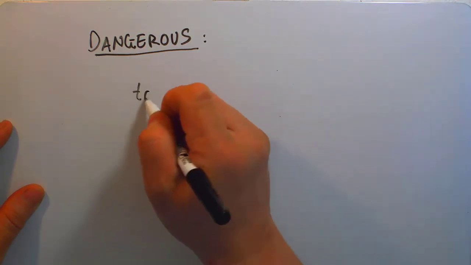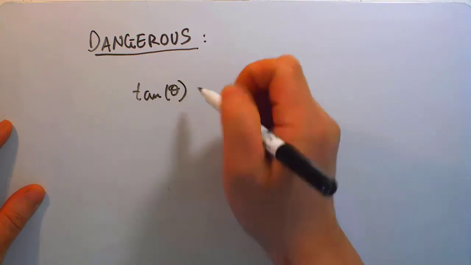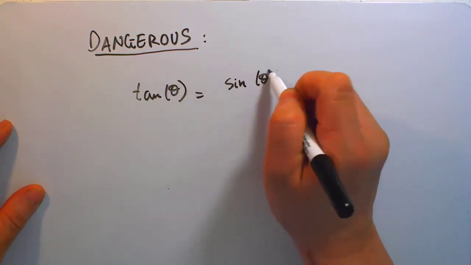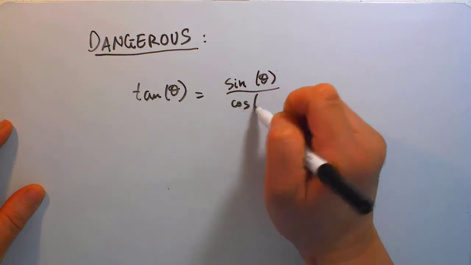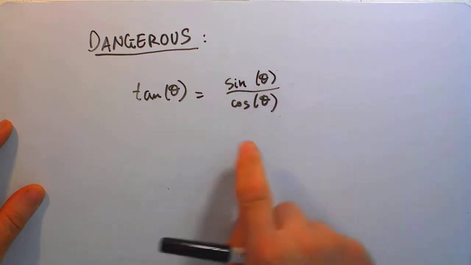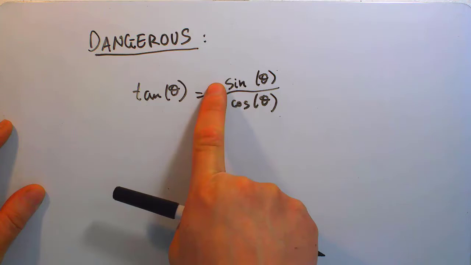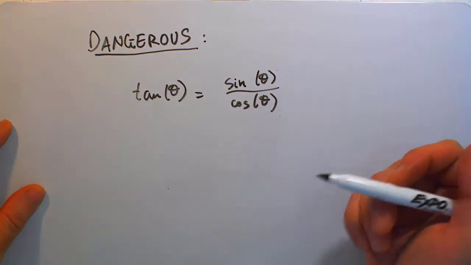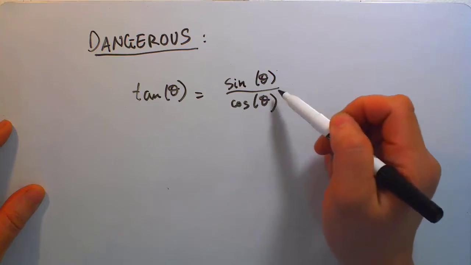The reason I never mentioned this until now is that we now start talking about tangent, for example, being defined as tangent of any angle theta equals sine of theta over cosine of theta, and we start encountering expressions like sine of theta over cosine of theta, and here's what people commonly mistake.